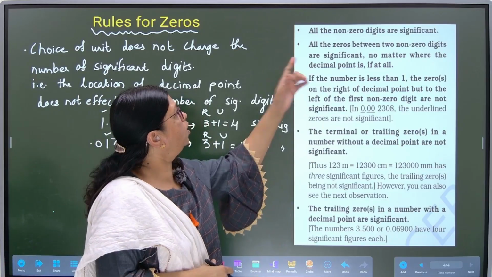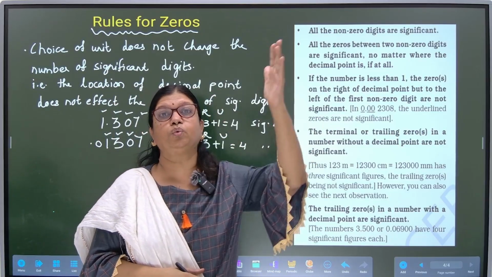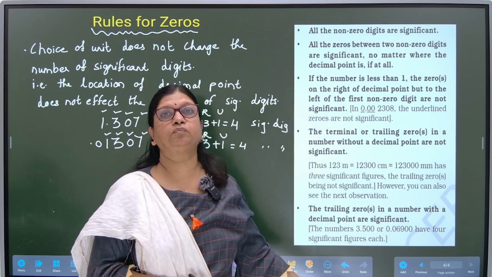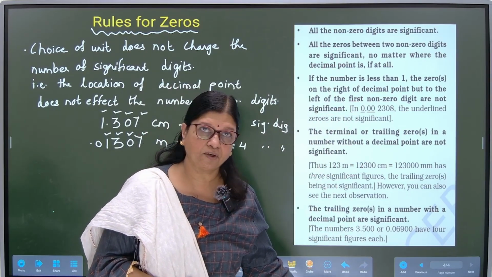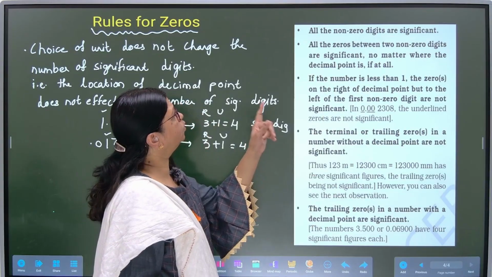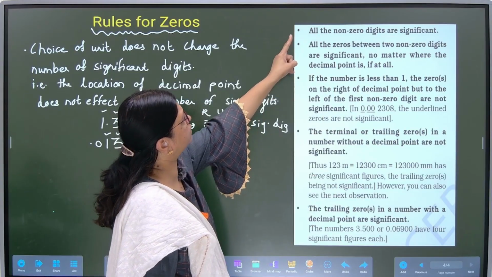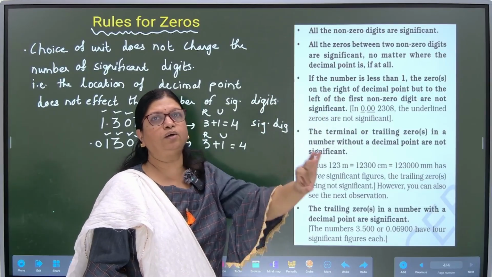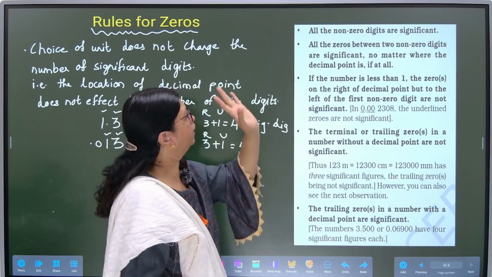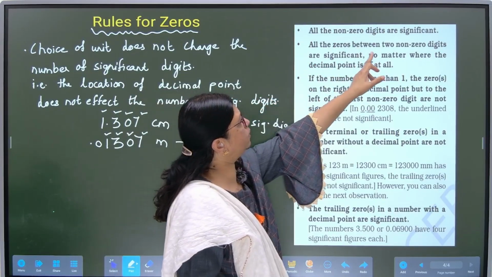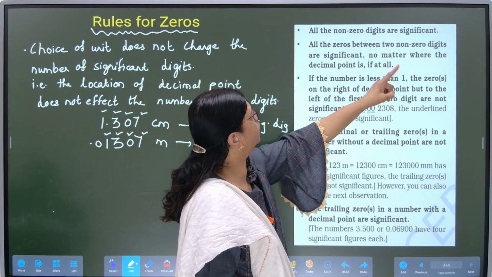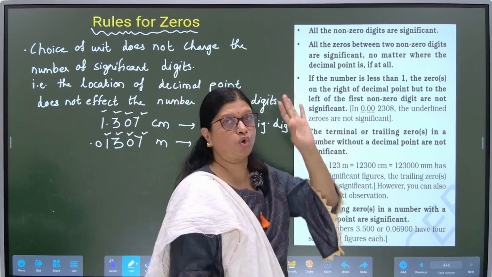We will go one by one through the points which I have taken from the textbook itself. The rules for zeros start with: all the non-zero digits are significant, meaning we have to consider all the digits other than 0. All the zeros between two non-zero digits are significant, no matter where the decimal point is, if at all.